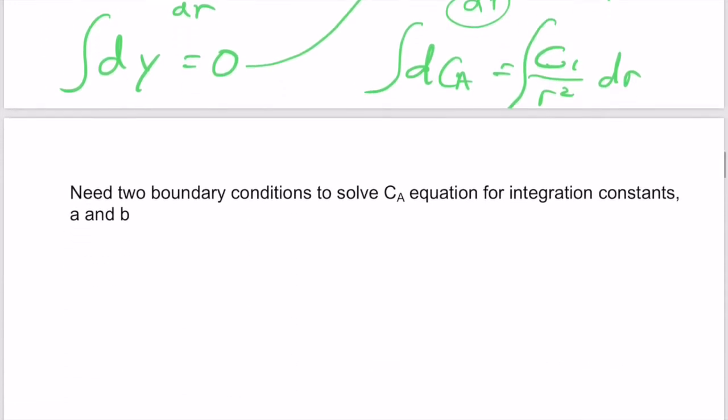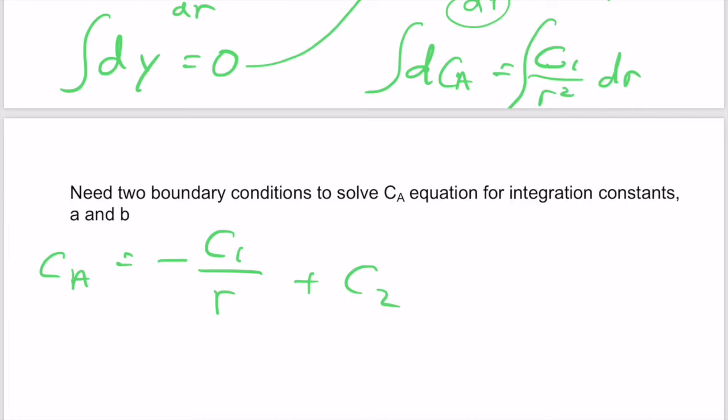And moving on, I get CA is equal to minus C1 over r plus C2. Okay, not very scary.